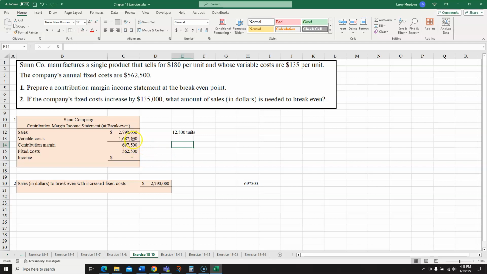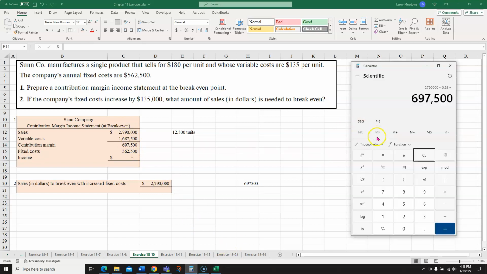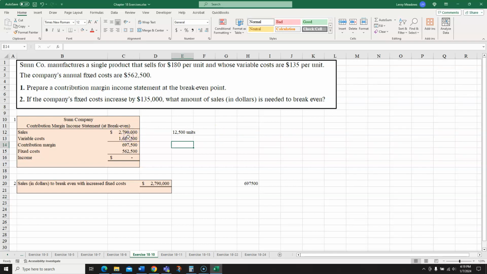And so to figure out my variable cost, to make these numbers add up correctly, I can just take 2,790,000 minus my contribution margin, and my total variable cost will be 2,092,500. Oops.